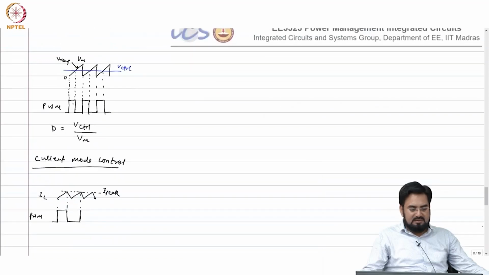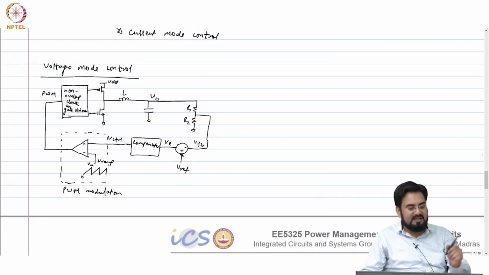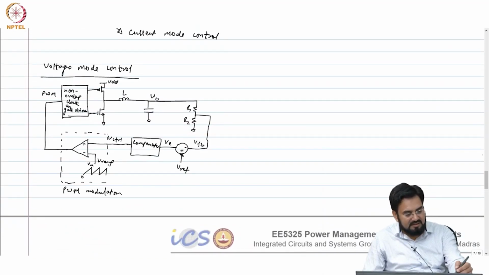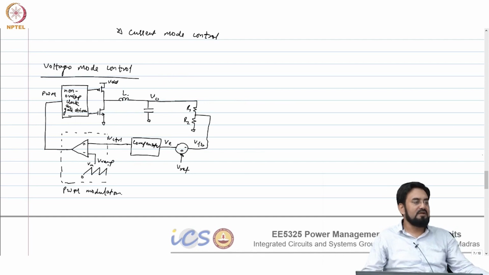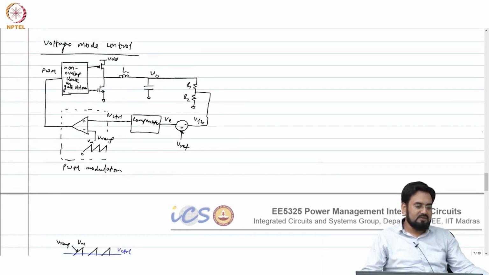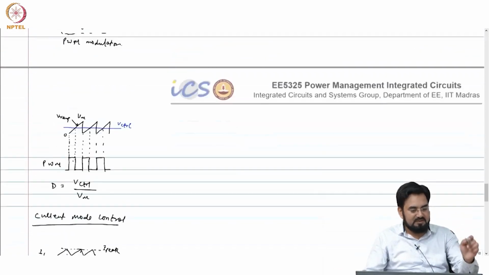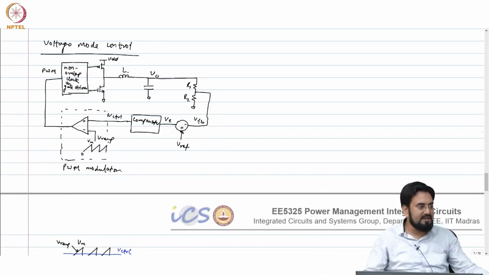But in current mode, you look at the current. So, obviously the compensator will be here, and what you do actually is take the current from here and add it to the control voltage, okay. There is no ramp as such here. In voltage mode, you are comparing sawtooth with the control voltage, and control voltage is DC.